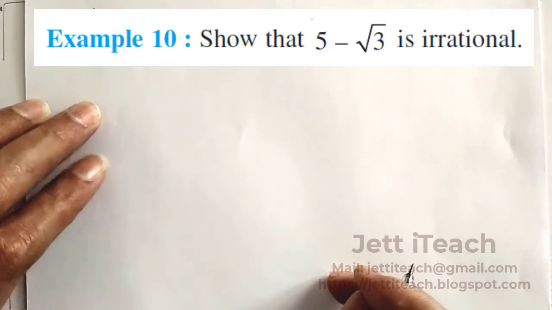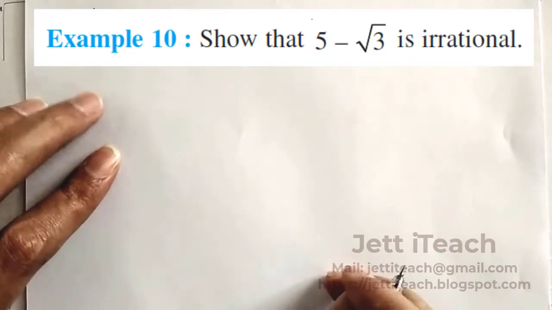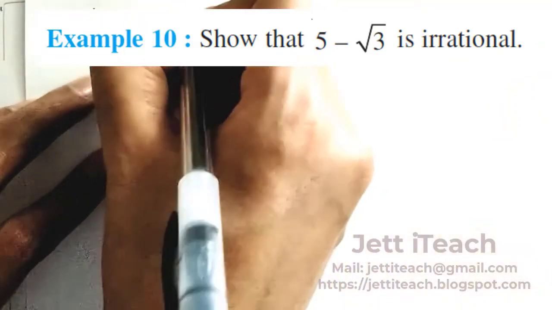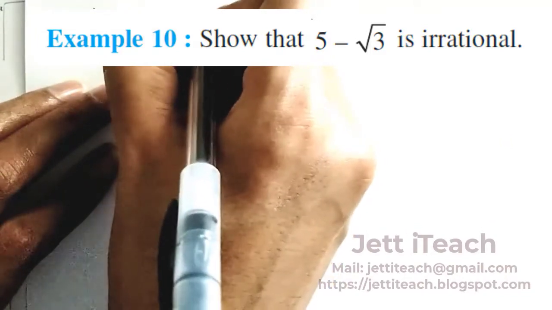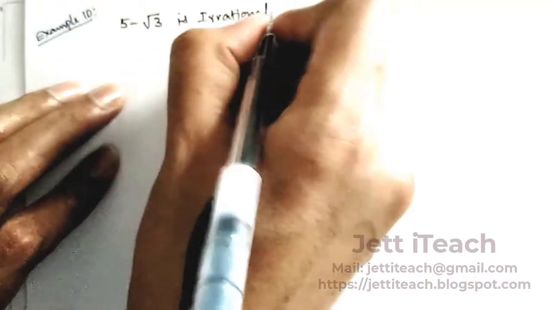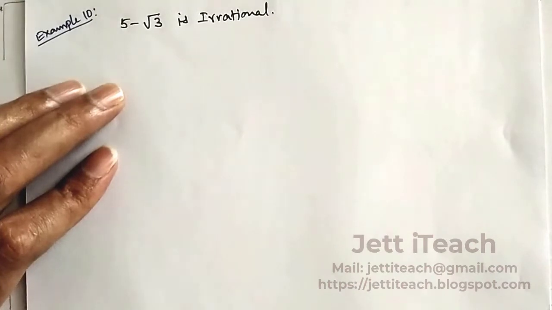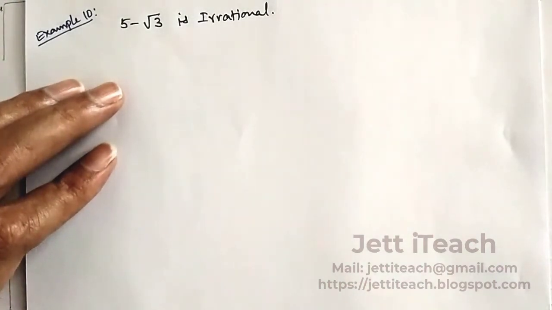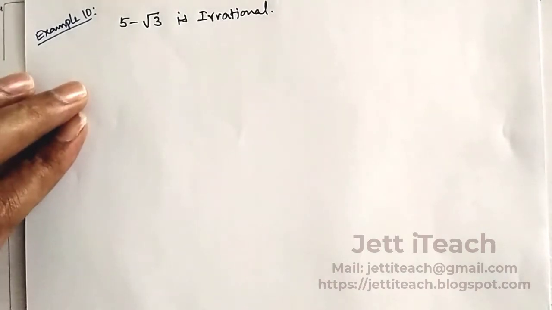You can see example 10, show that 5 minus root 3 is irrational. Okay, you need to prove this one. Okay, to prove 5 minus root 3 is irrational, first you can assume this number is a rational number, to the contrary.